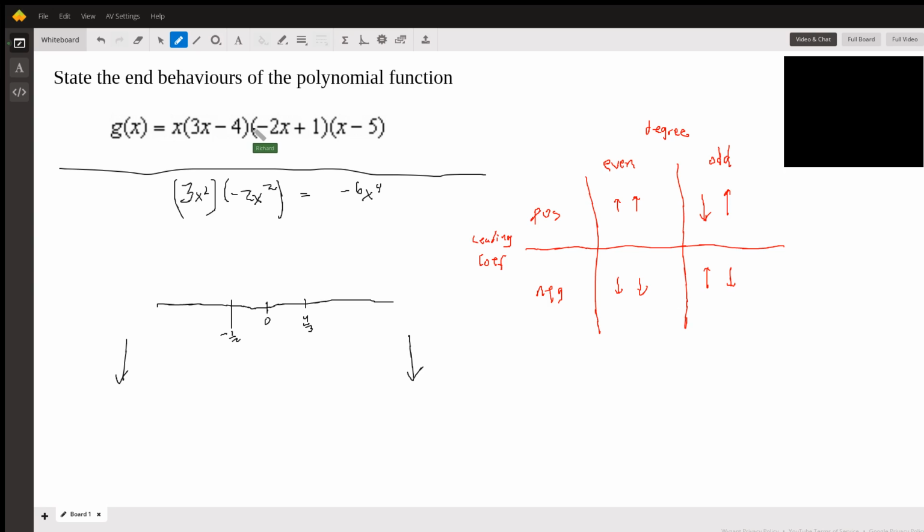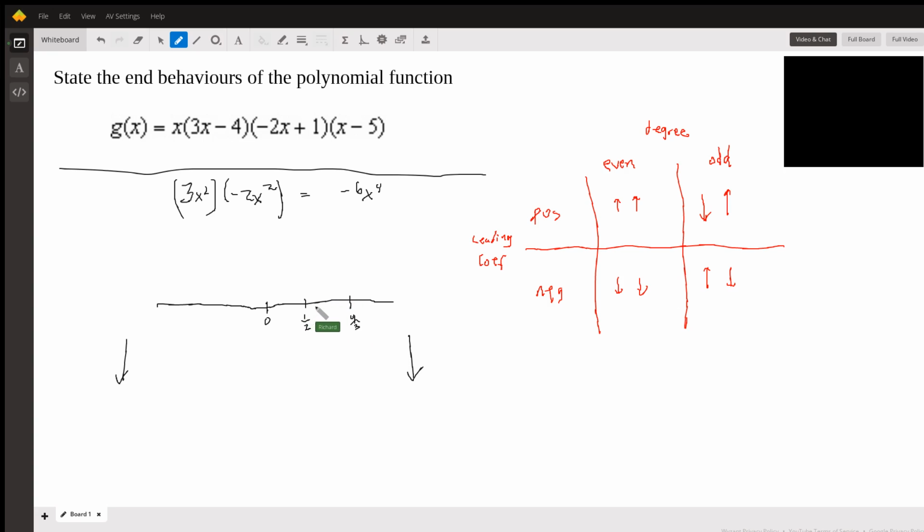Oops. It's positive 1/2, isn't it? Yeah, it's positive 1/2. All right, so we'll make this one 1/2, and this one 4/3.